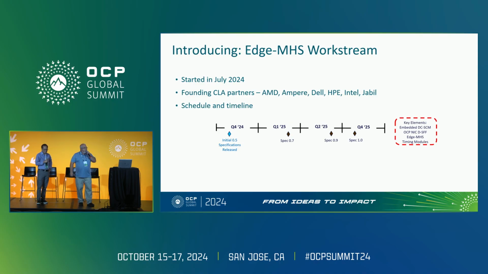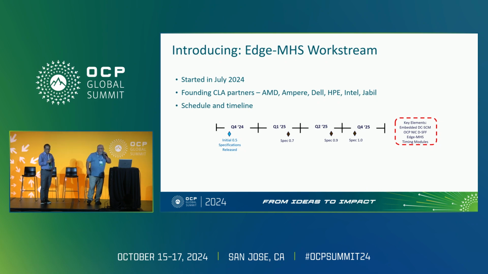When we look at where we're trying to go, we are currently in development. We're hoping to get initial specifications released by the end of this year, that the public can see and start to provide feedback on and tell us if we're doing things right or wrong, as we've heard others say as well.